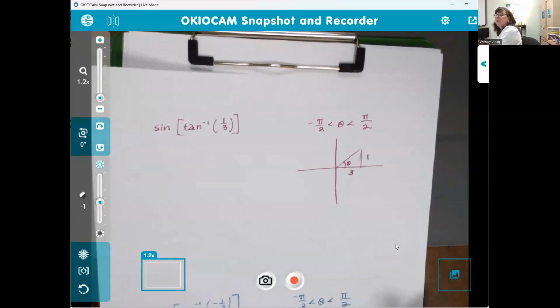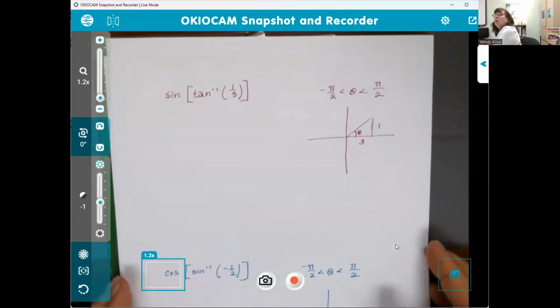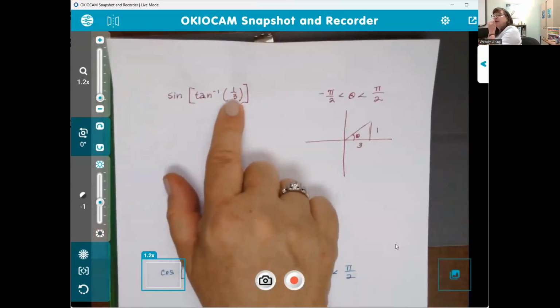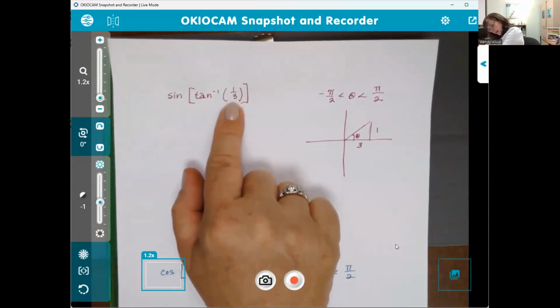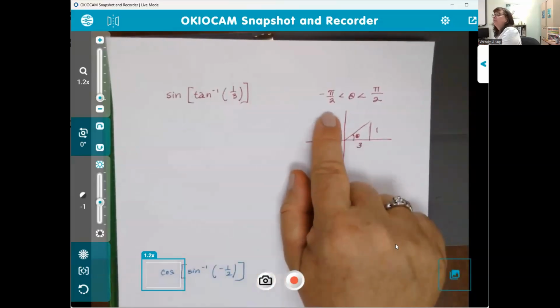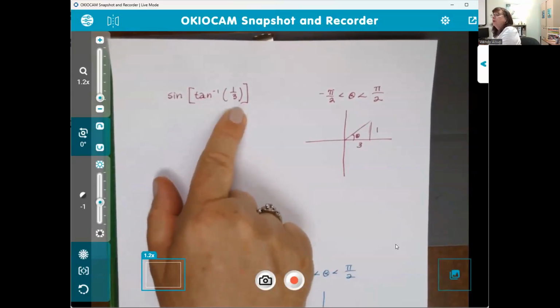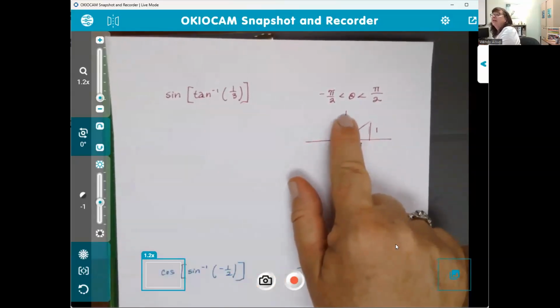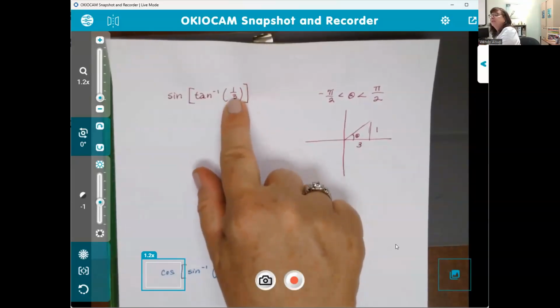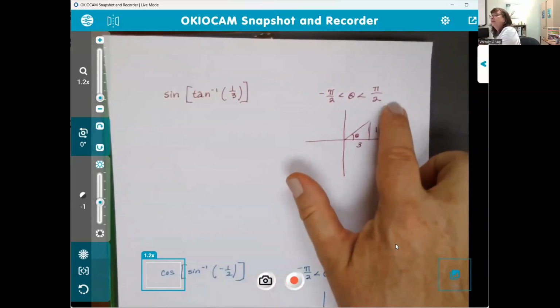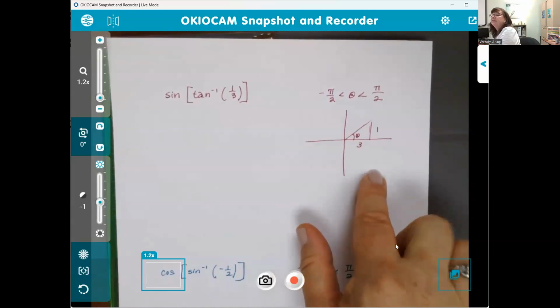So if we want to know what angle is going to have a tangent of 1/3, we're going to limit it between negative pi over 2 and pi over 2 here. If you end up with a positive tangent, remember everybody's positive up here, nobody except cosine's positive down here.